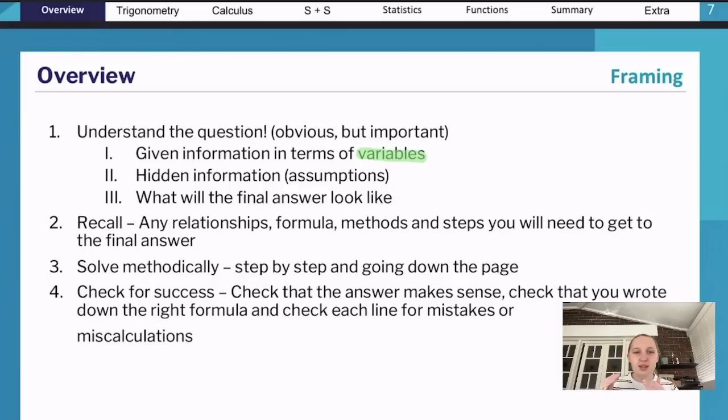If it's part A, B, C, usually they have something to do with each other. So if you're finding it really hard to answer a question and you're thinking, oh my gosh, no way they haven't given me the information I needed, likely they have. They've just made you find it yourself in part A or part B.